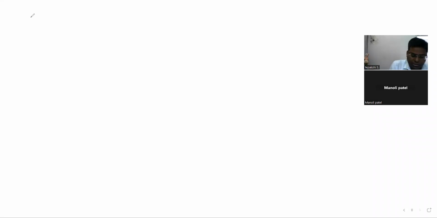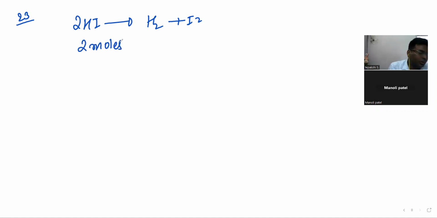Now look at the next question, that is 23. If alpha is the fraction of HI dissociated at equilibrium in the reaction, when 2 HI dissociate, it forms H2 plus I2, starting with 2 moles of HI. Then find the total number of moles of reactant and product at equilibrium. Very simple question.